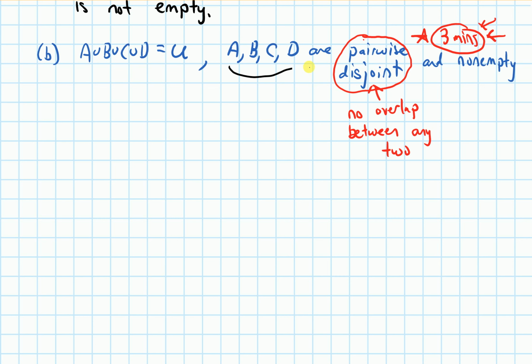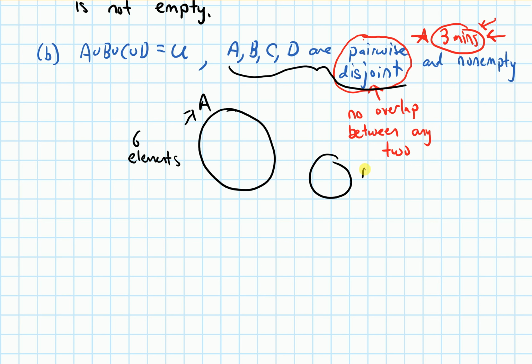So if I focus on this condition that says the four sets are pairwise disjoint, if I draw a circle for A, I know there are 6 elements in this, 1 through 6, those 6 integers.